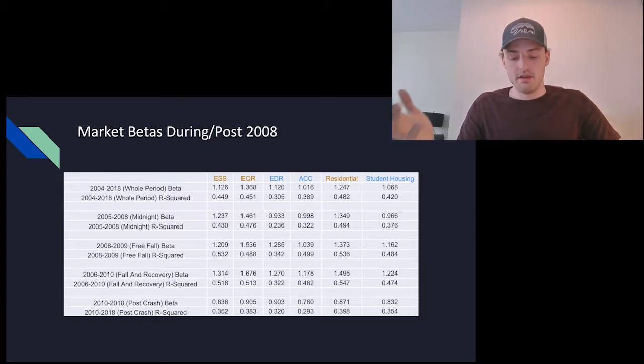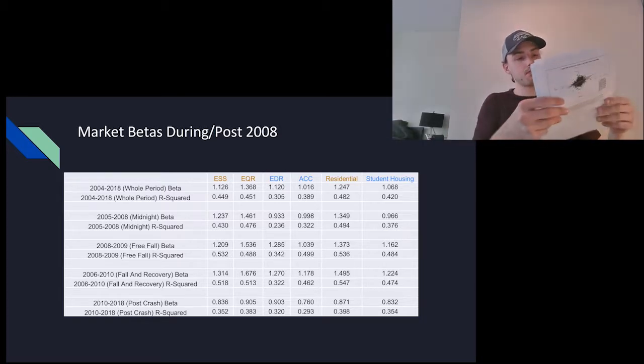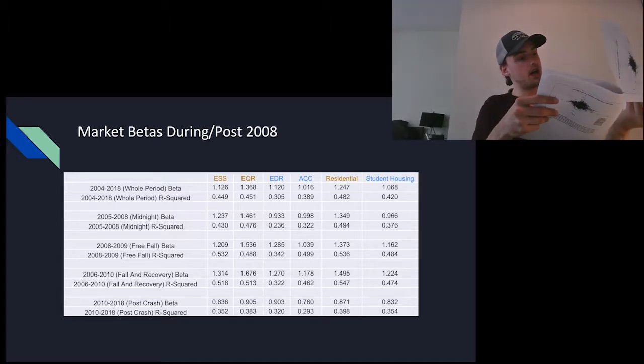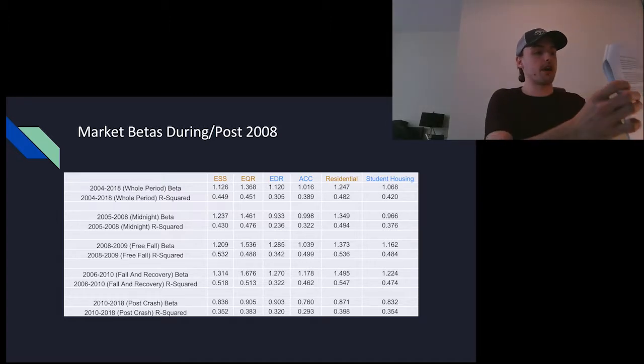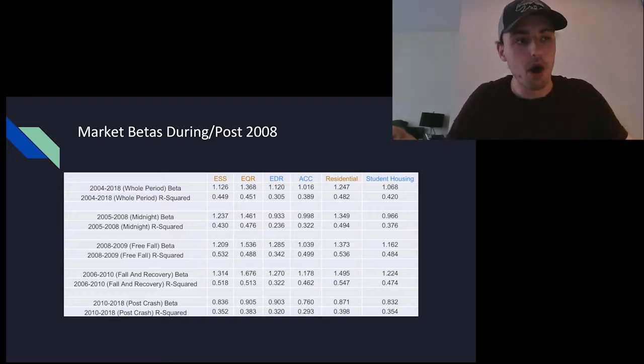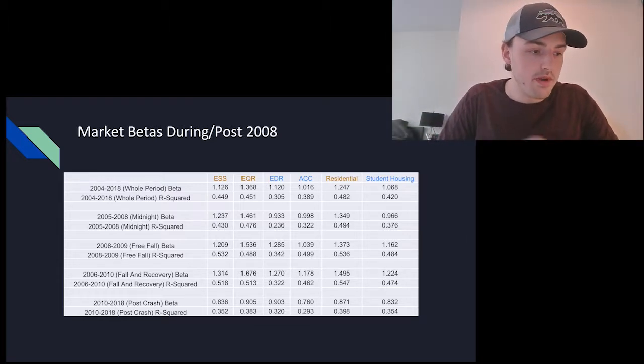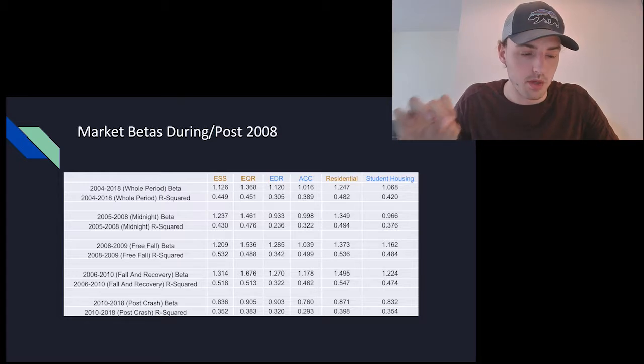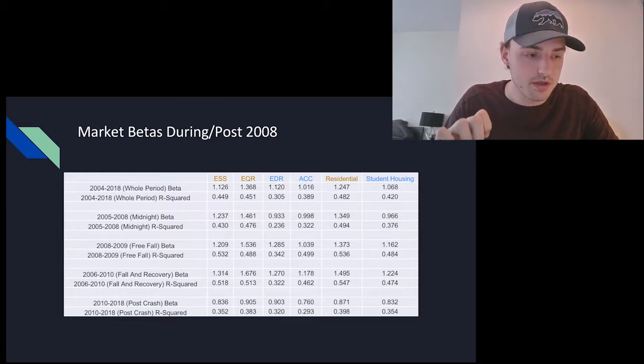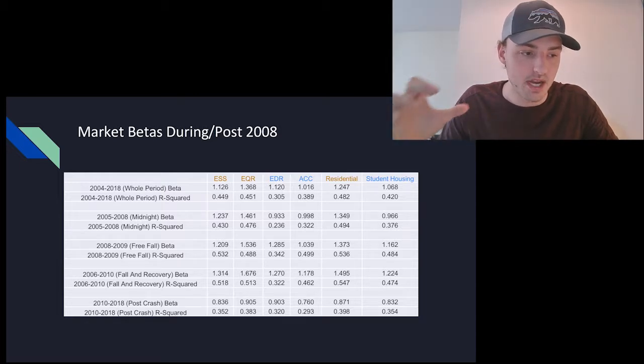So the next thing that we're going to move on to is market betas during and post the 2008 crisis. So immediately when you look at this information, the relationship of the S&P 500 and real estate returns from 2004 to 2018 become apparent.